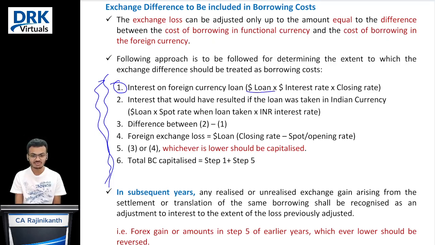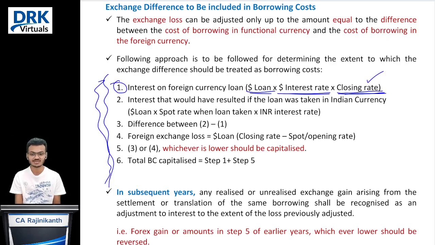You take that amount, multiply that with the foreign interest rate, and you translate that foreign currency to our functional currency by using the closing rate. Actually, we should take the average rate, that is appropriate. But in our ICAI study material questions or RTP questions, the average rate is not available. They are giving the closing rate only. Okay. So here I am also taking the closing rate. You calculate actual interest on your foreign currency loan.